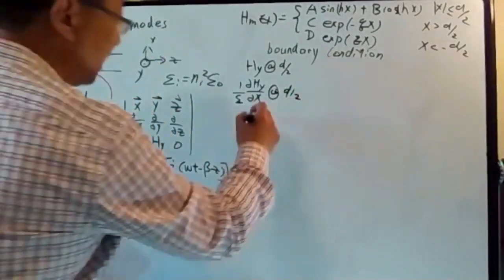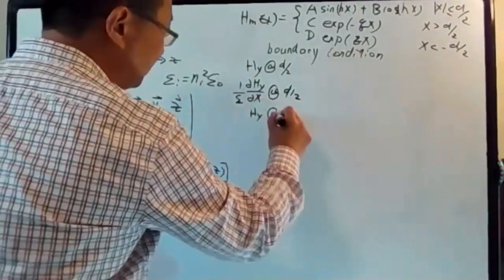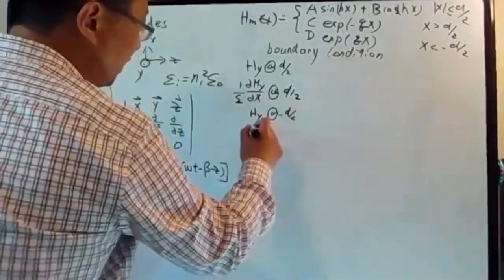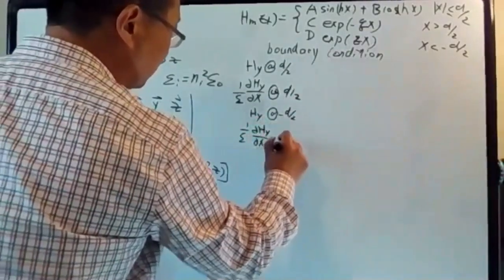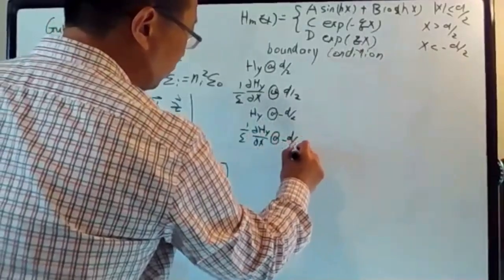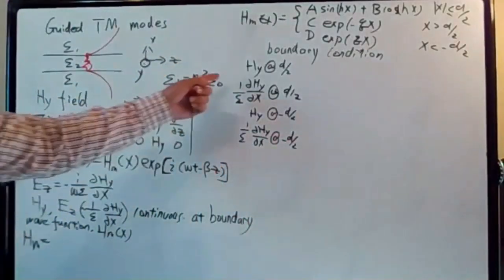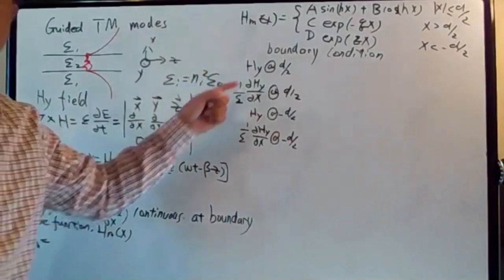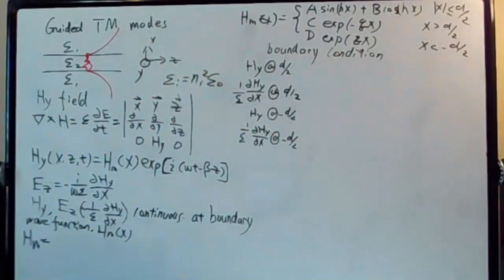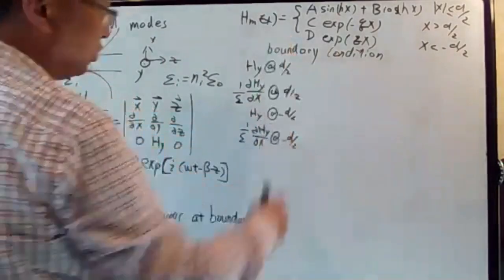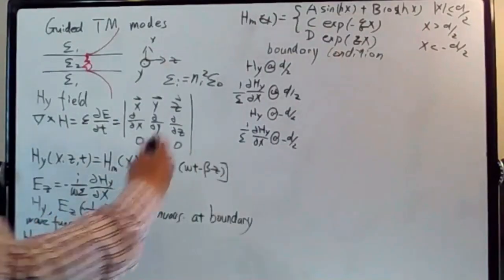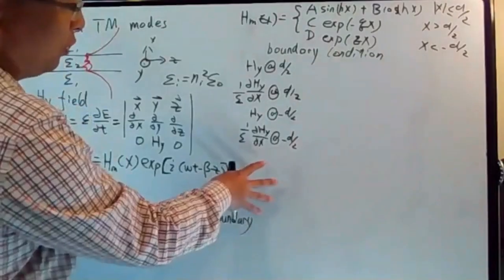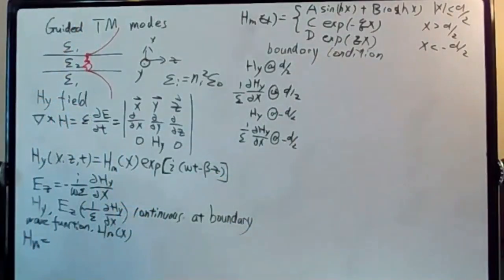And then we have Hy at negative d over 2, and 1 over epsilon partial Hy, partial x at negative d over 2. So you need to first take a derivative, then add 1 over epsilon on both sides. So we have 4 equations, and then we will simplify them into another 4 equations and solve the problem.